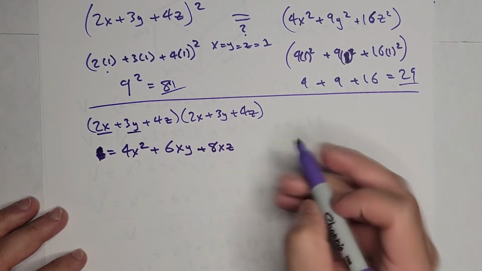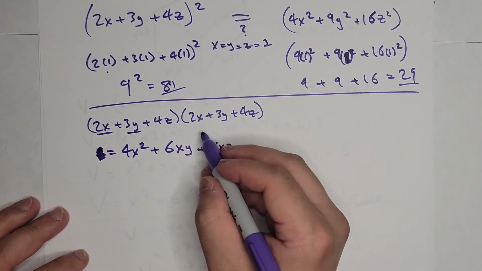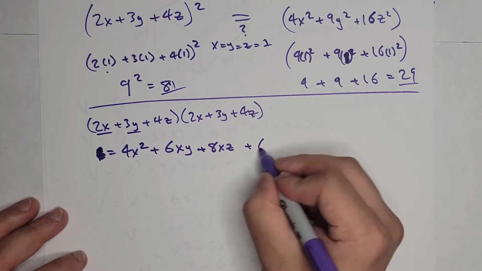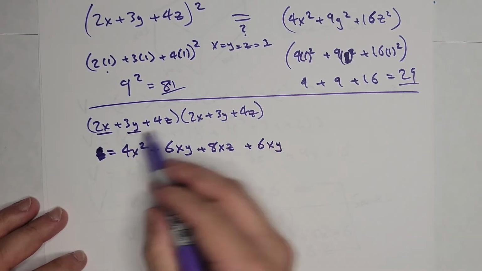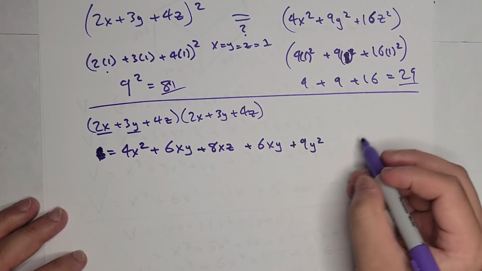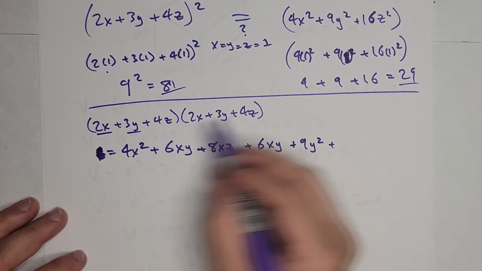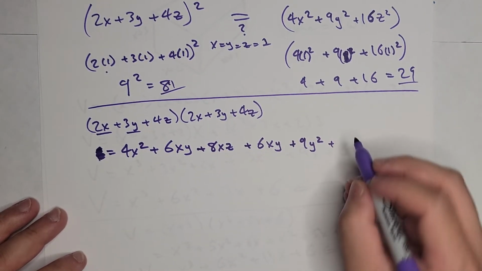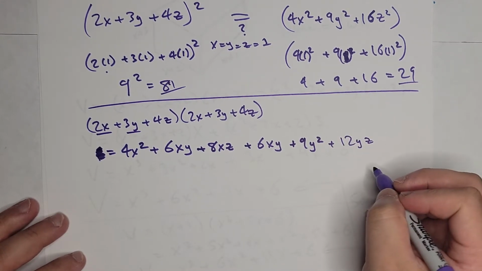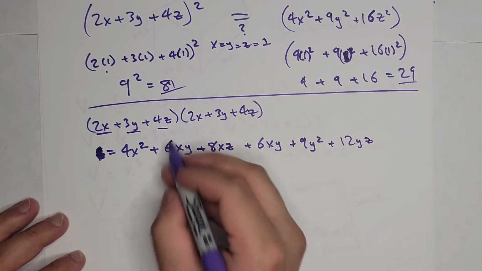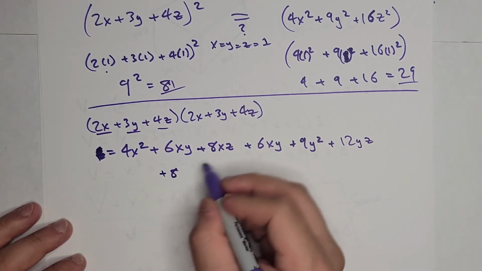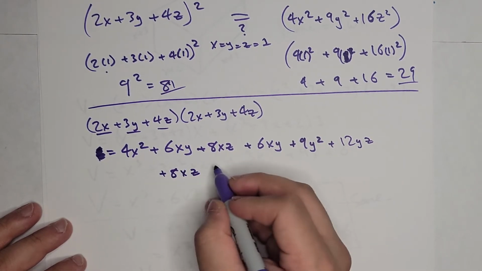Now let's move on to this one. 3y times 2x is going to be, 3y times 3y is going to be, 3y times 4z is going to be 12yz. And now I'm going to do this last one, 4z. 4z times 2x is going to be 8xz.